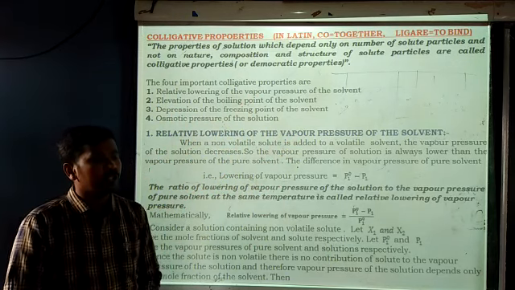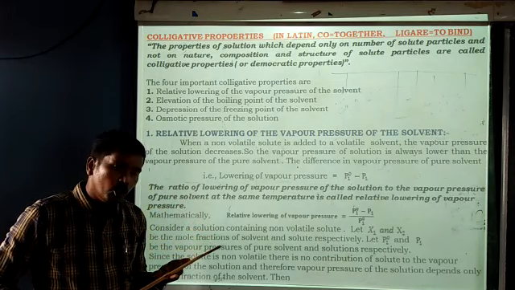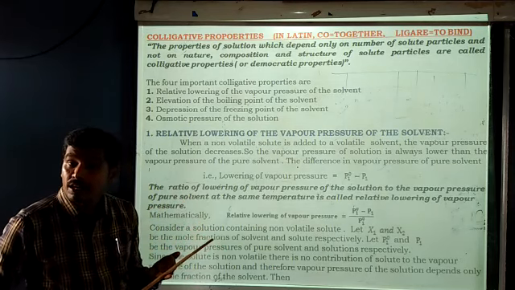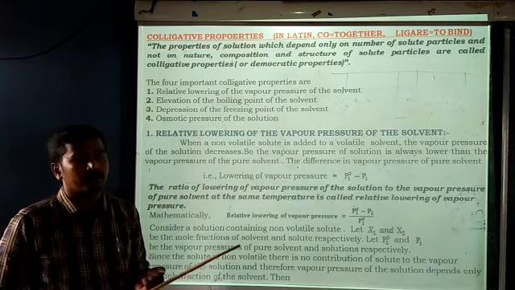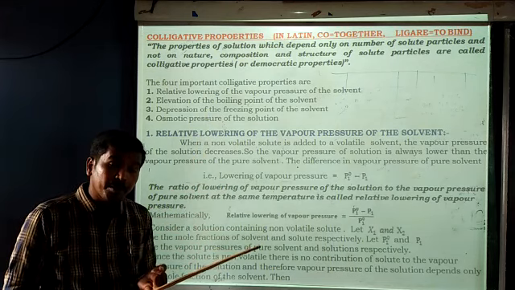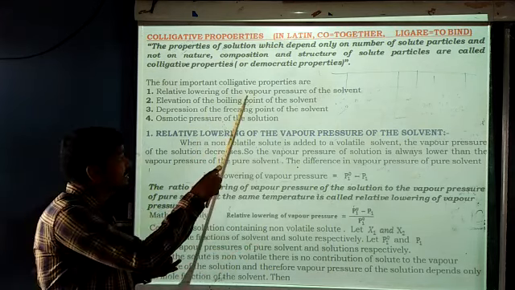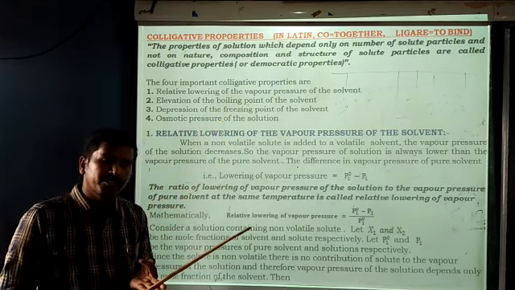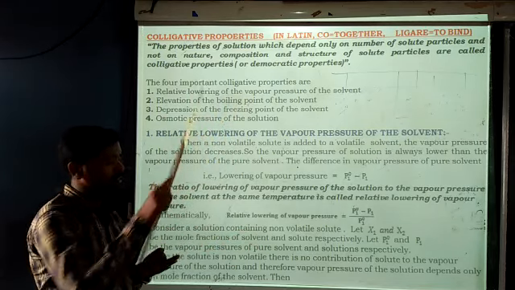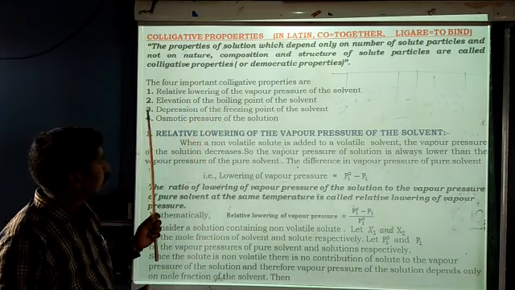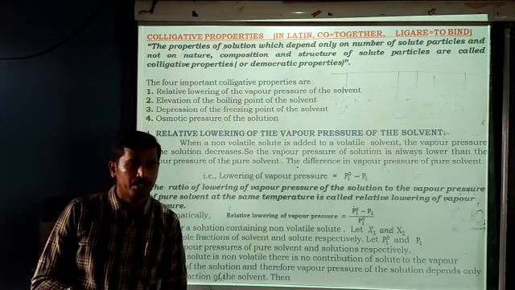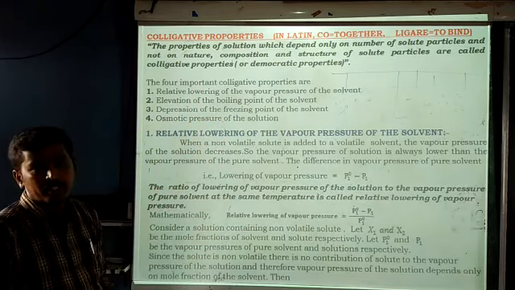Again: relative lowering of vapor pressure of a solvent is the first one, elevation in the boiling point of the solvent is the second, depression in the freezing point of the solvent is the third, and the next is osmotic pressure of a solution.